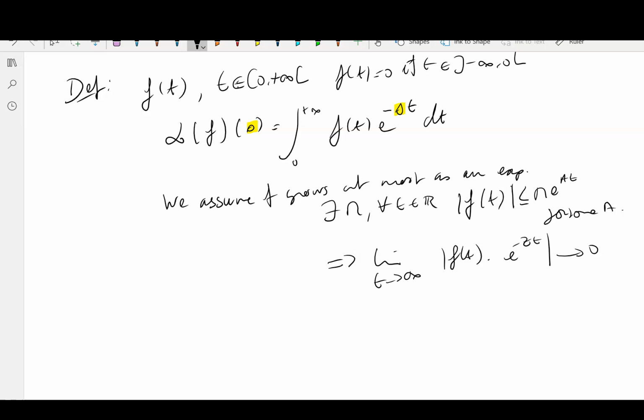You will say, wait a minute, that's going to depend on the value of the A that I've chosen. So actually we will have to define what's called the convergence domain.